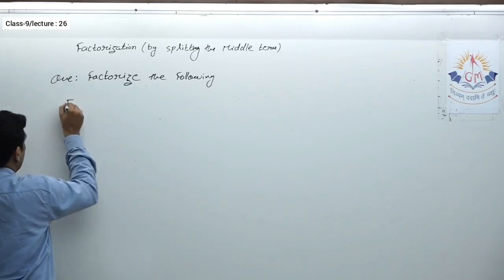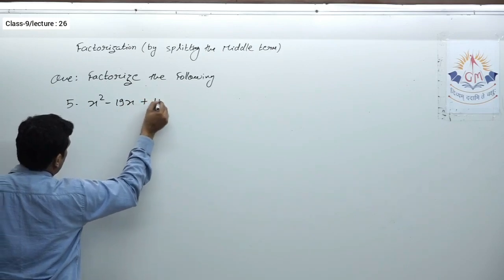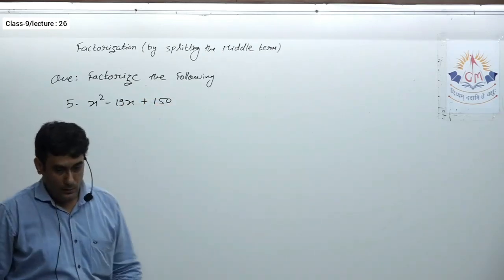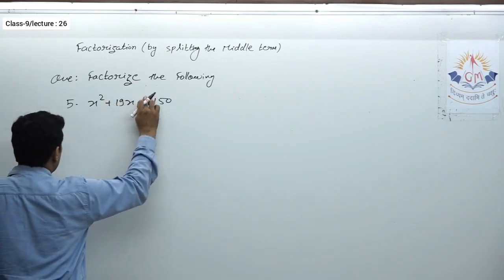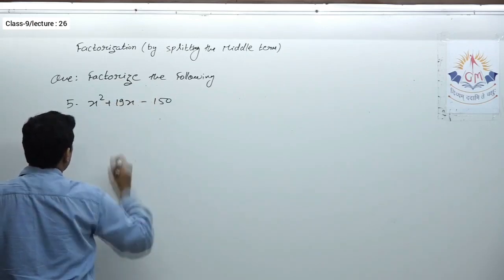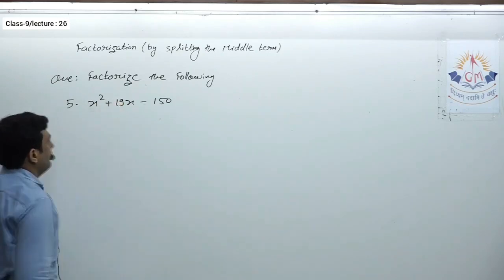Okay, fifth one, x square minus 19x plus 150. So plus 19x, make it plus 19x minus 150. So I am giving you 1 minute, think over this, then I will give you its solution.